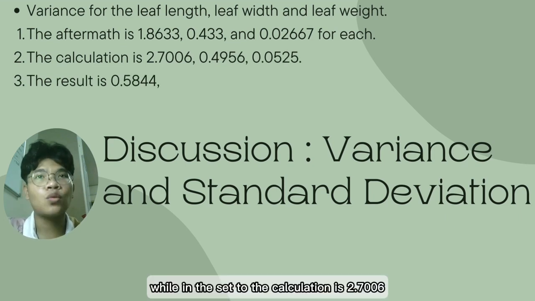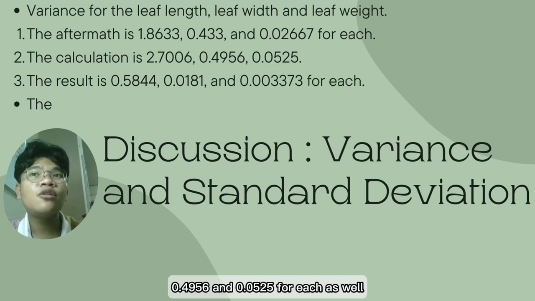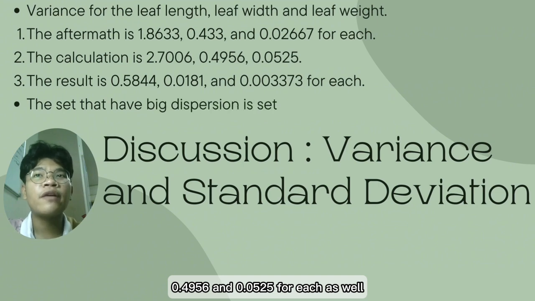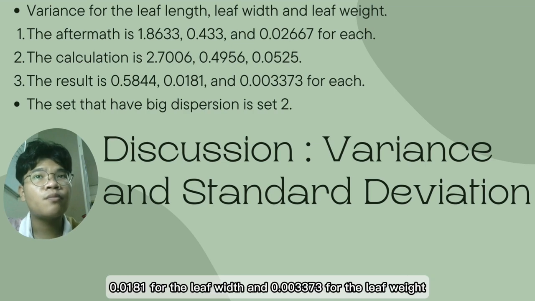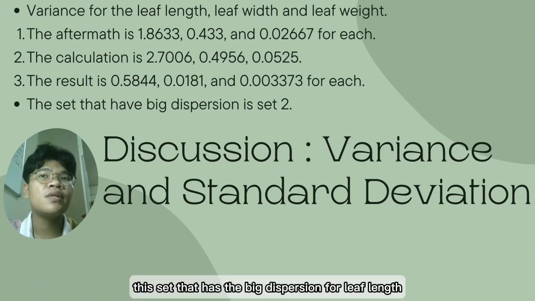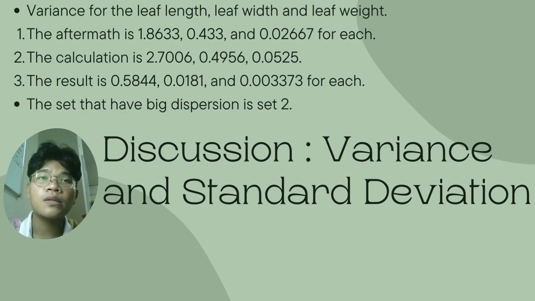While in set 2, the calculation is 2.7006, 0.4956, and 0.0525 for each. As well for set 3, the result is 0.5844 for the leaf length, 0.0181 for the leaf width, and 0.003373 for the leaf weight. The set that has big dispersion for leaf length, width, and weight is set 2.